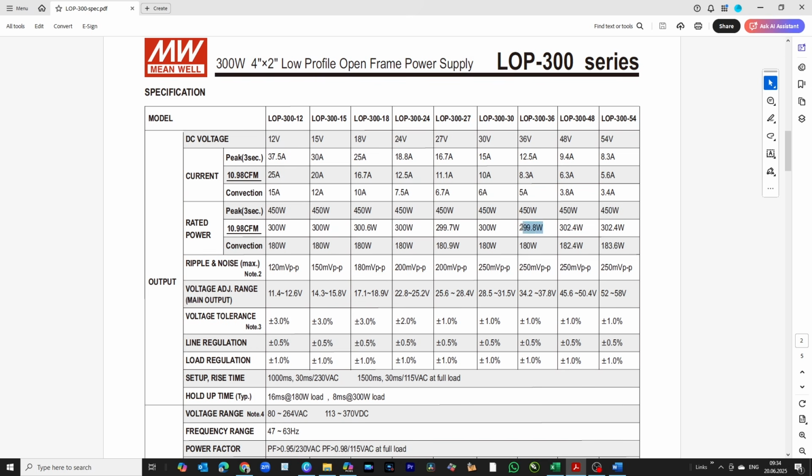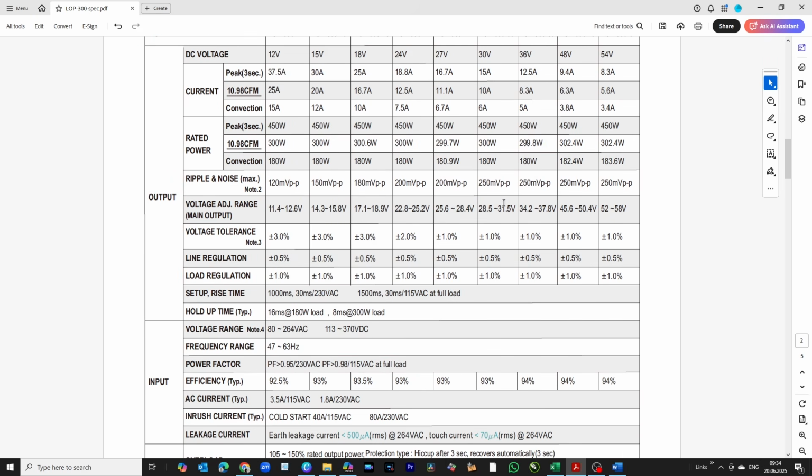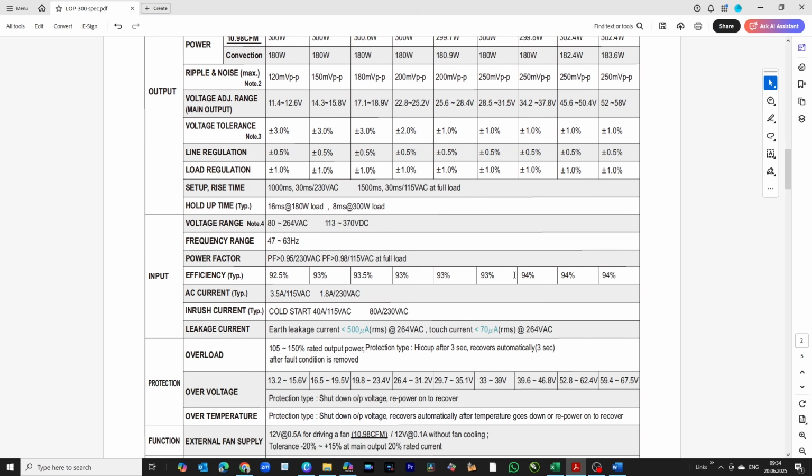With a fan it can do 300 watts, and without a fan 180 watts, and we calculated our maximum consumption is about 45 watts. It's running cold, and all parameters are perfect, and low noise, and everything is so good.